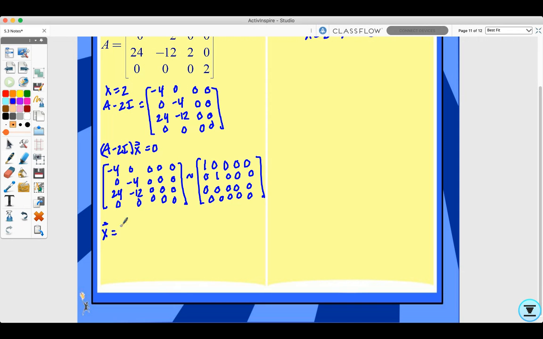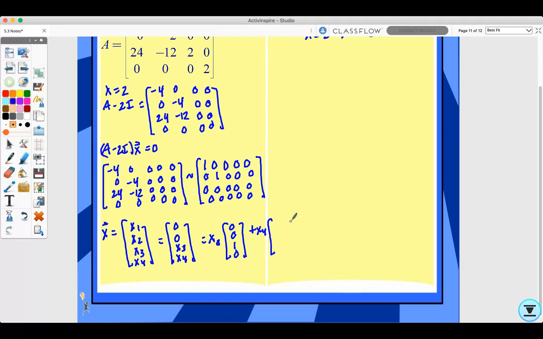So x would be 0, 0, x3 and x4, which would then just be x3 times 0, 0, 1, 0, plus x4 times 0, 0, 0, 1. So I have two distinct vectors here. And then we have to also do this for lambda equals negative 2.